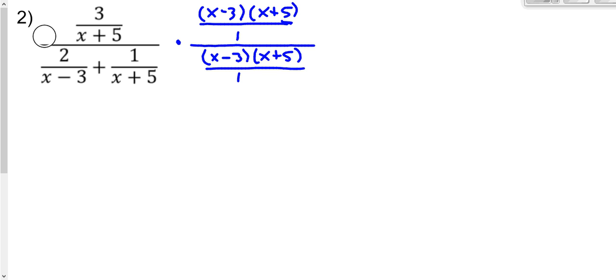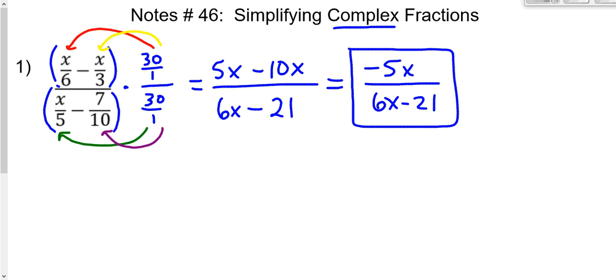Okay, now we're going to do what we did on problem number 1, which was multiply the numerator by this new thing and multiply the denominator by this new thing. So we multiply the numerator by it, and what's going to happen is the x plus 5s will cancel. There's one on the top, there's one on the bottom. This is one time when I might actually cross it out, but you'll notice if you look back at my previous problem, I didn't cross things out.